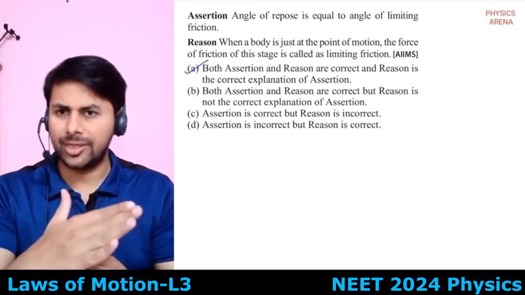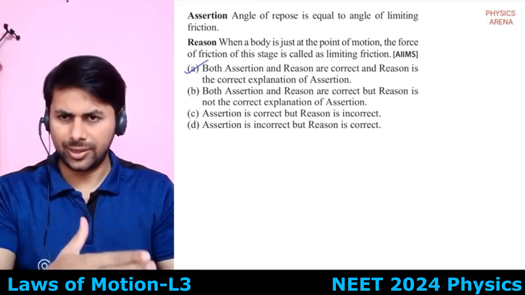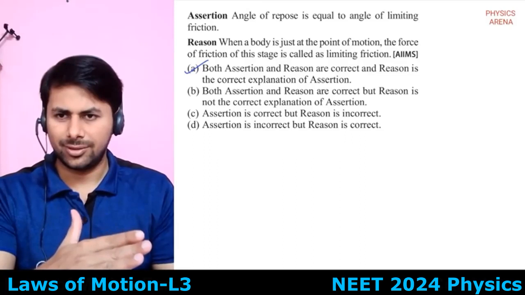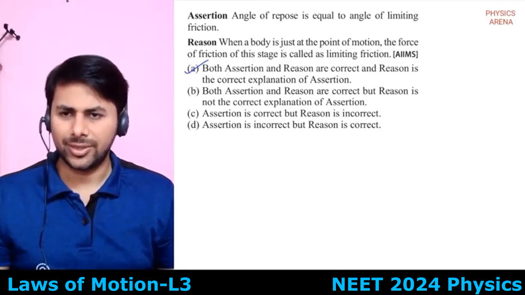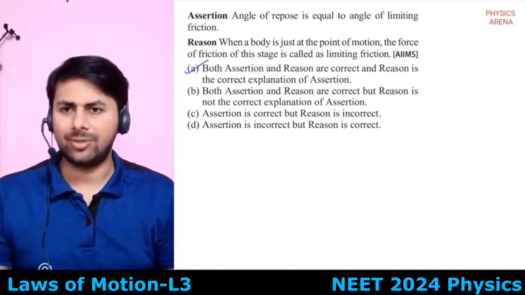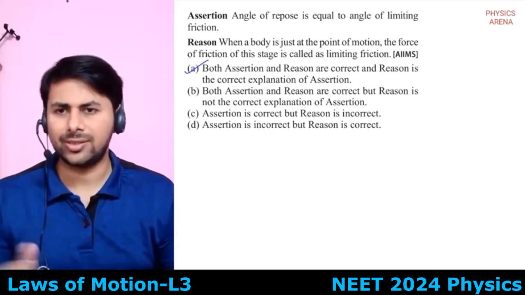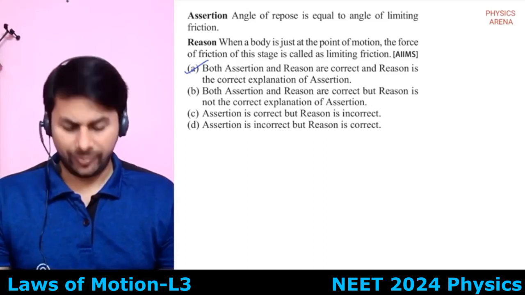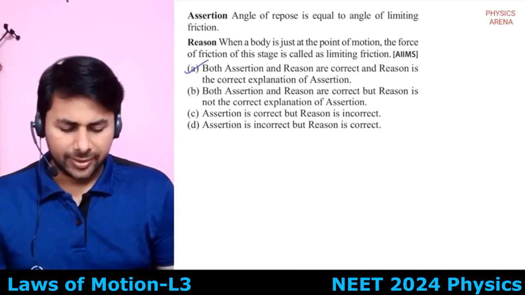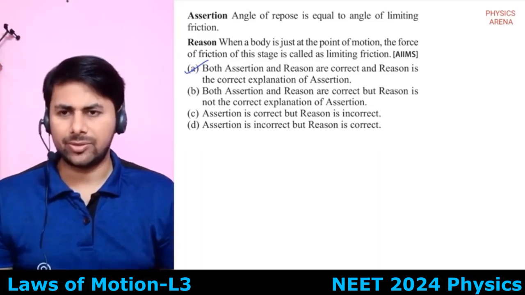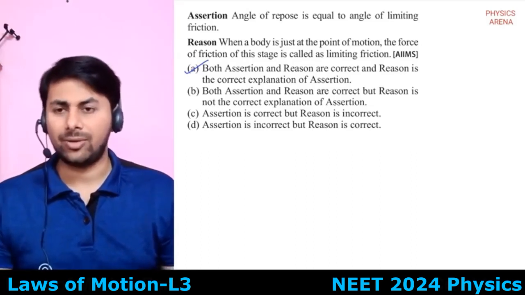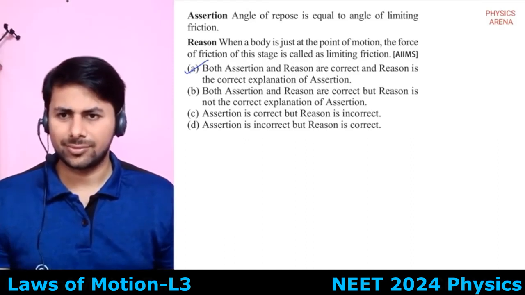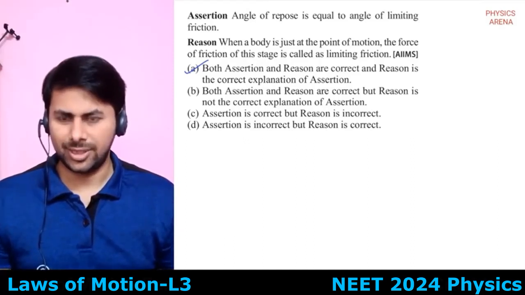The body just begins to slide, and at that stage we find this angle, and we find that tan of this angle is equal to mu s. That's why angle of friction is equal to angle of repose, because tan of the angle of friction is also equal to mu s.